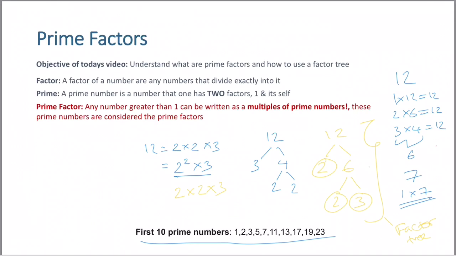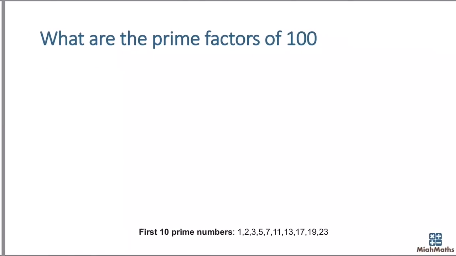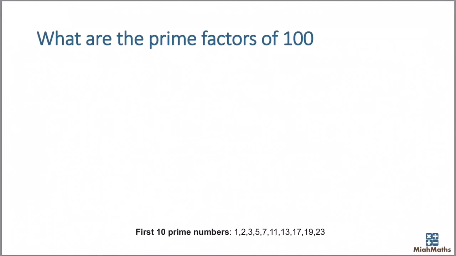So let's go through some examples. Let's find the prime factors of the number 100. Using the same process as a factor tree, let's write 100 down, break it down. Because it's an even number, the first number we can take is 2. What times 2 equals 100? In this case is 50. 50 we could break it down again.